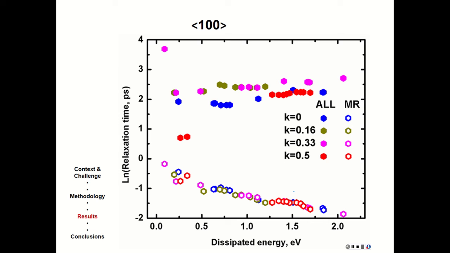Because if your momentum doesn't conserve, the final state may be at a different momentum, not at zero momentum. So this is the momentum where you are starting the calculations. K0 means the hole is traveling through the same channel.